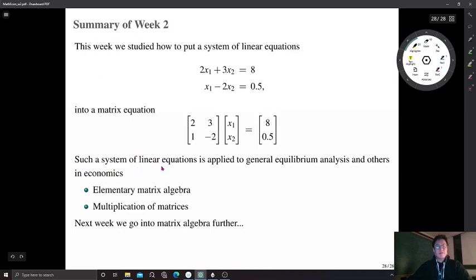Such a system of linear equations is applied to general equilibrium analysis. When we consider two markets or three markets at the same time, we come up with a system of linear equations, and linear algebra is a main tool for the analysis of general equilibrium and others in economics, say econometrics and optimization theory.